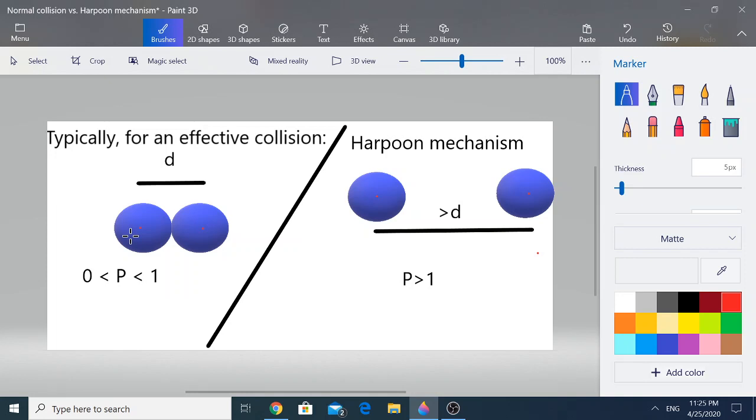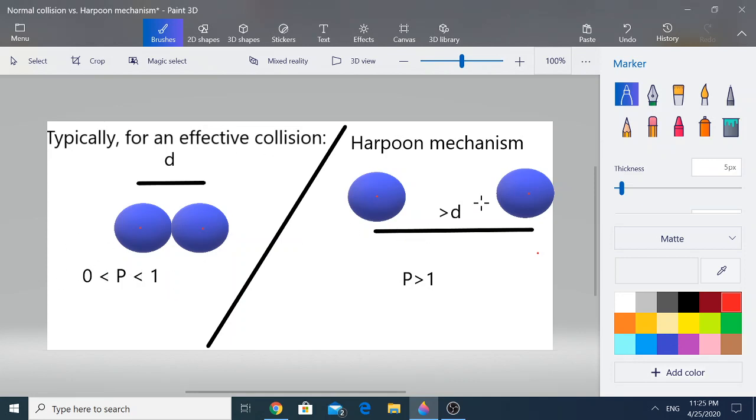In other words, the centers of the two spheres, represented by my red dots here and here, must be a distance d apart, where d is the diameter of the sphere. It does make sense, right? In order for the two spheres to be in contact, the centers must be a diameter apart. And for such normal collisions, the steric factor is between 0 and 1.